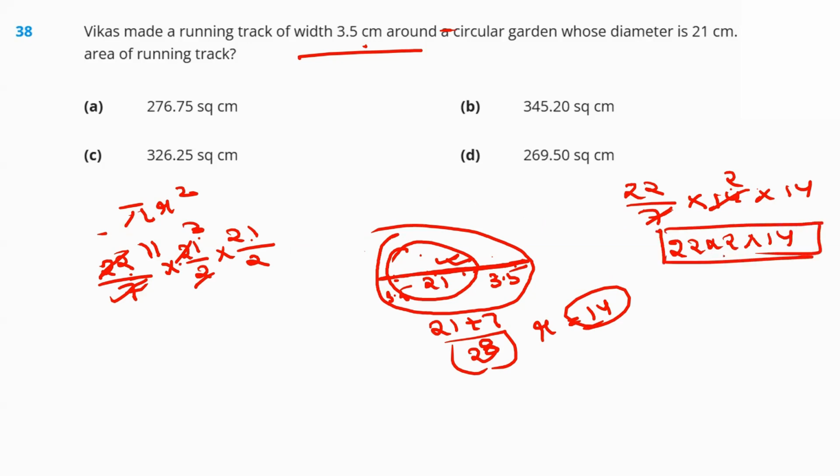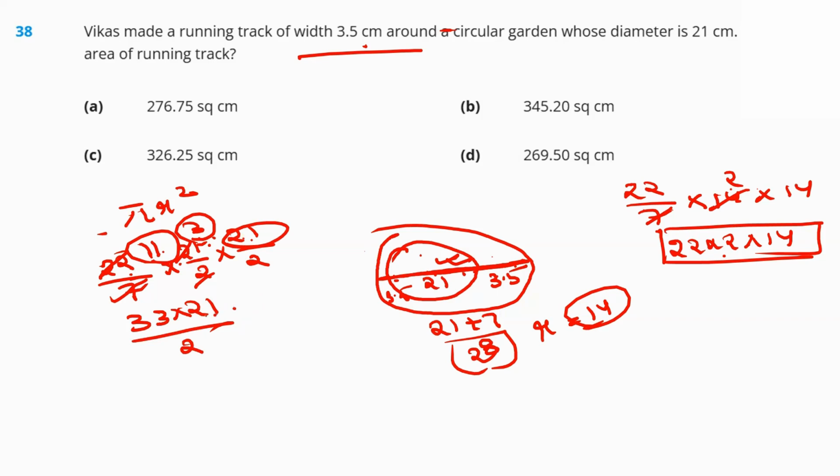Okay. This is the area of the path and the garden, and this is the area of just the garden. What we'll do, we'll subtract. First, we'll simplify 11 into 21 into 3. That gives me 33 into 21 by 2.